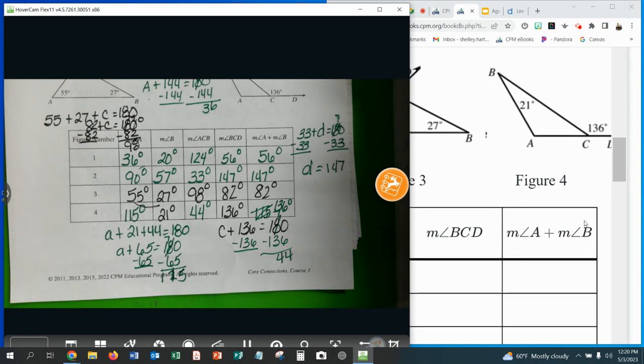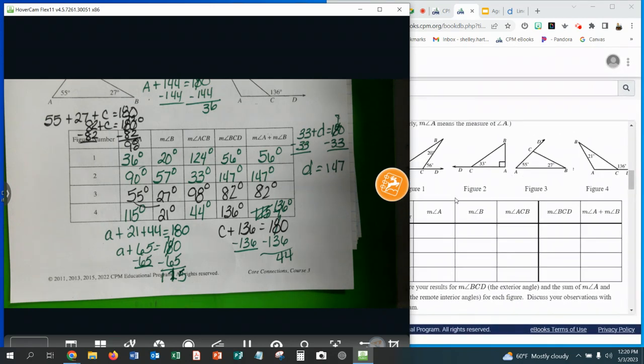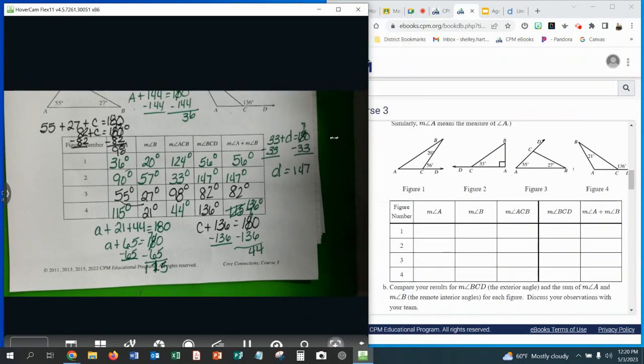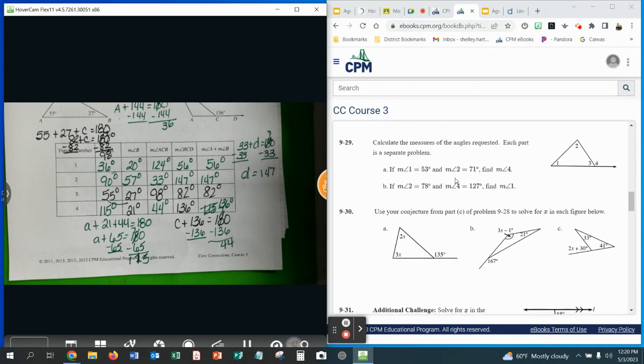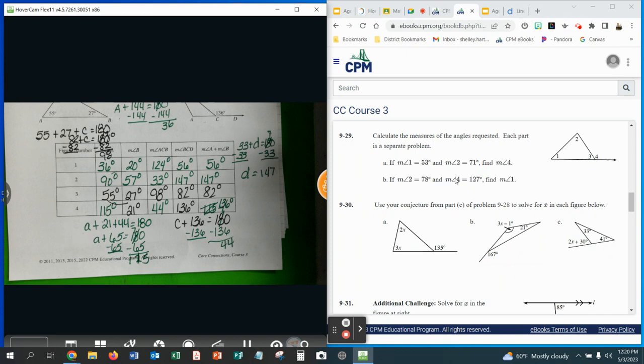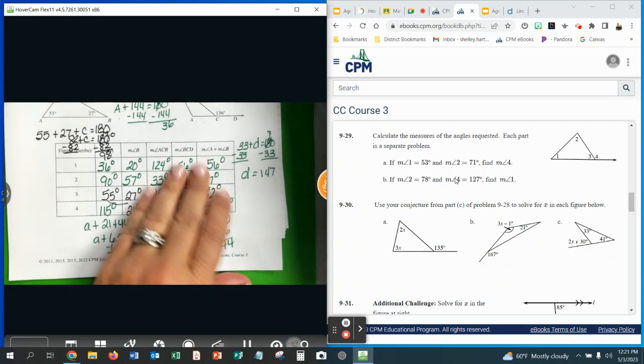All right, so let's take a look at one last thing before we finish up with this today. Let's look at 1-29.